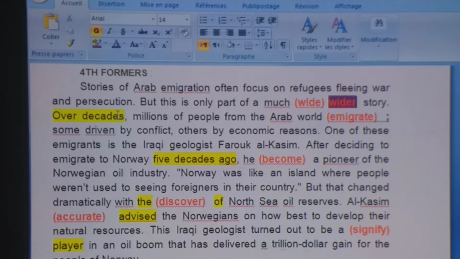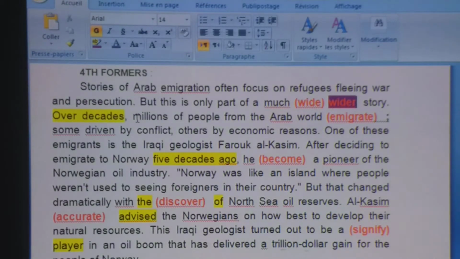So what is the present perfect? It is have or has plus the past participle of the verb, okay. And of course we use it in order to speak about an action that started in the past and continues up to the present, okay. Nice. So here I'm supposed to use the present perfect. So next step, I need to go to the subject. What is the subject, plural or singular? So millions of people.